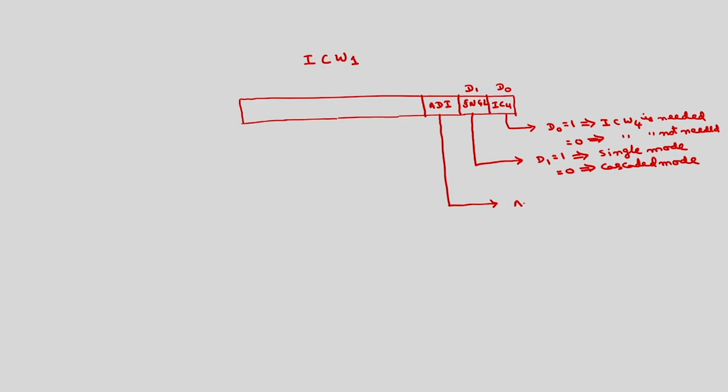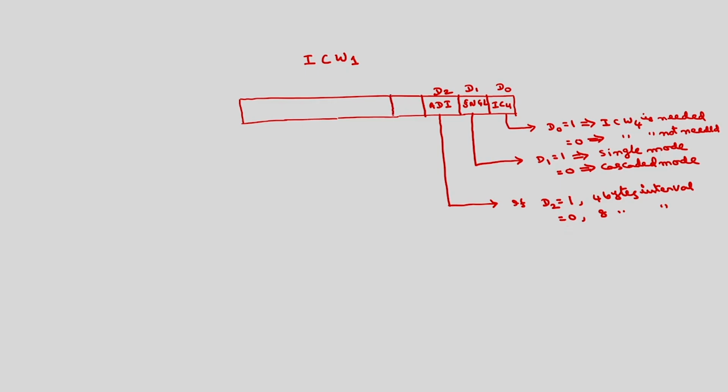If this D2 bit is equal to 1, there will be an interval of 4 bytes. If this is equal to 0, then 8 bytes interval. But in case of 8086, it uses only 4 bytes interval. So, this D2 has to be set to 1 in case of 8086.